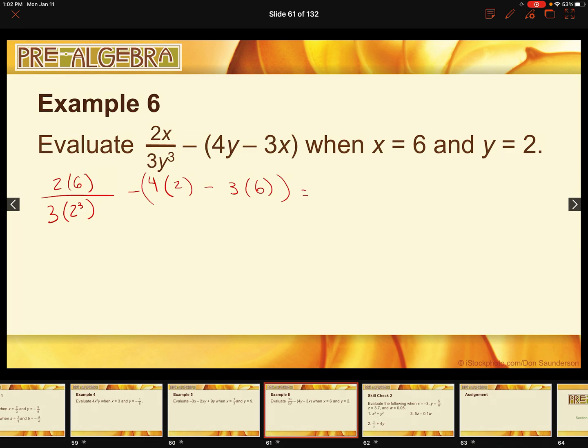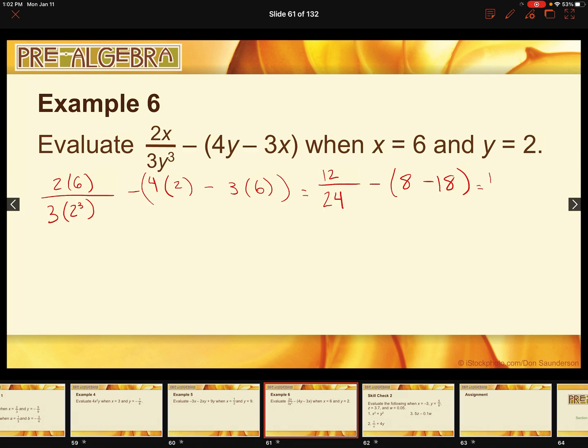Okay, so I'm going to start to simplify. 2 times 6 gives me 12. In the denominator, I'll have to do my exponents first. 2 cubed is 8, and 3 times 8 is 24. 4 times 2 is 8. 3 times 6 is 18.